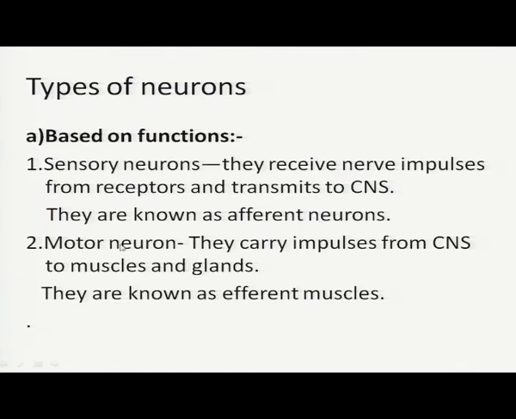The second category is known as motor neuron. They carry impulses from the central nervous system to muscles and glands, peripheral glands. They are known as efferent neurons.